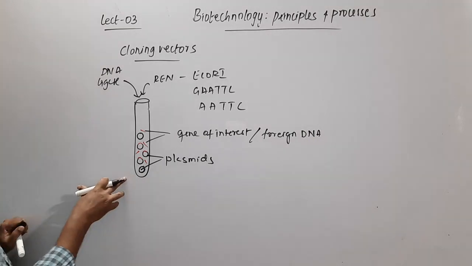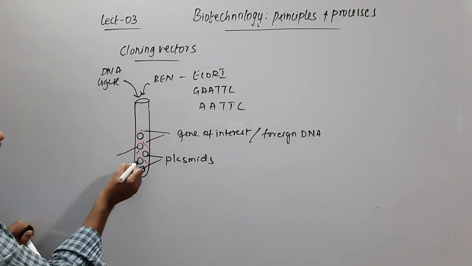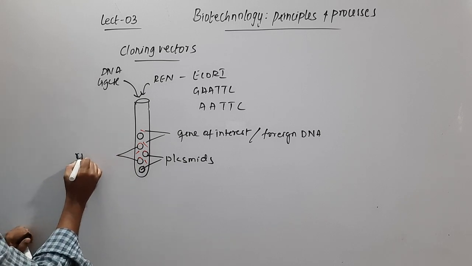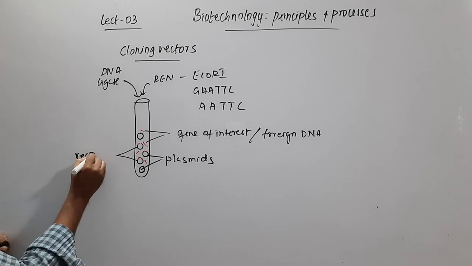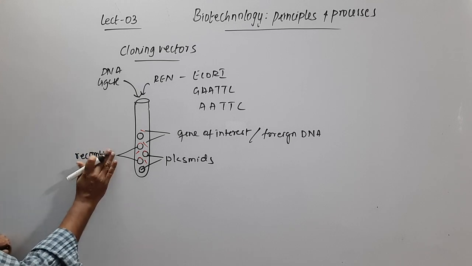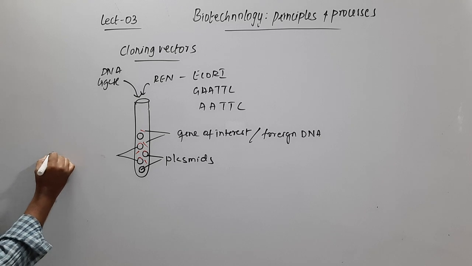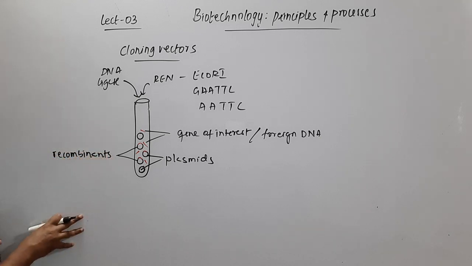Foreign DNA or gene of interest. Now, those plasmids that have taken that foreign DNA, I call them recombinant DNAs, or simply recombinants.